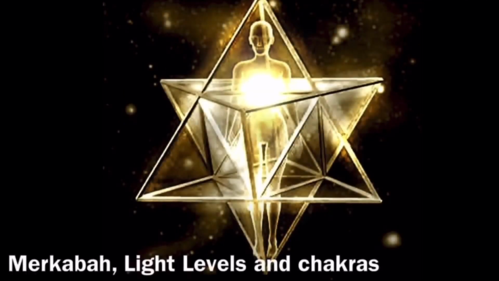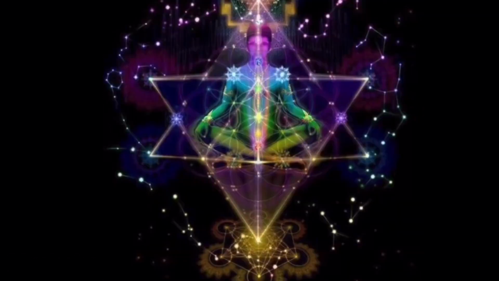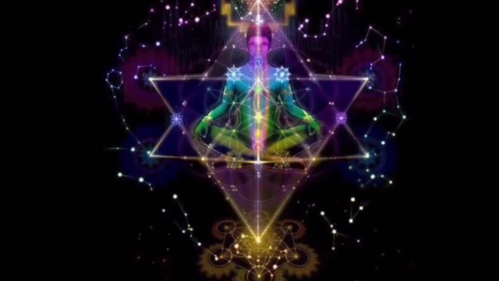Light levels and the macabre and chakras. The macabre is a shield of light around each spiritual initiate, which is encoded with sacred geometry and the highest vibrations, sonics and harmonics of light. The macabre appears around the light workers once they have accepted their mission to work for the light.